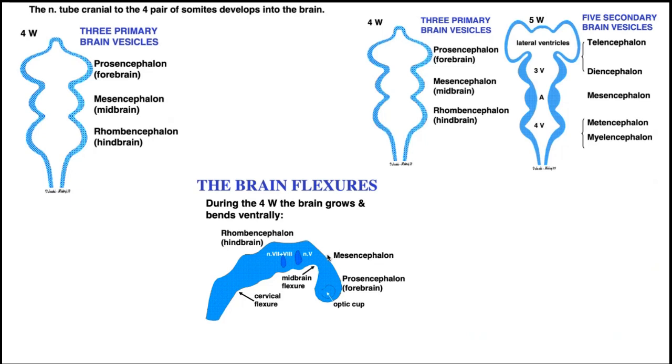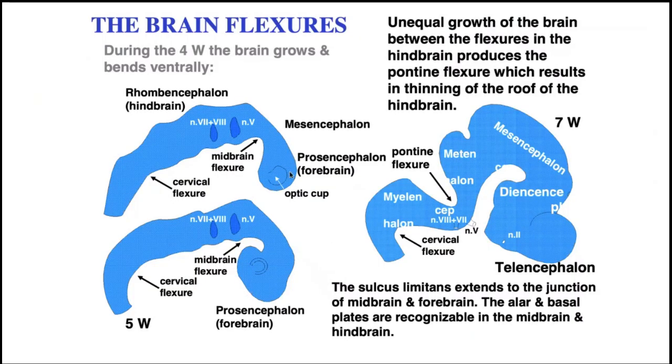You have your mesencephalon, and then you have your hindbrain, or your rhombencephalon. As it's bending, it's going to create these 2 flexures. This is going to be your midbrain flexure, and this is going to be your cervical flexure.